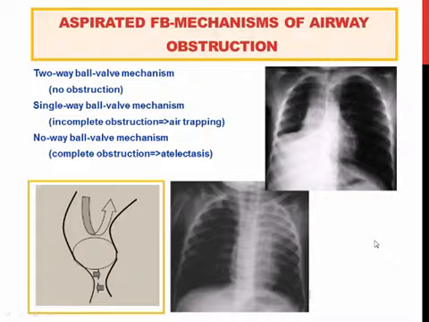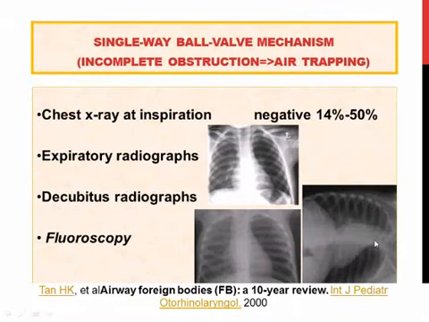while complete obstruction will cause atelectasis peripherally, left upper lobe, right lower lobe atelectasis. You should not be accused of missing an aspirated foreign body on an inspiratory radiograph, because these can be negative in up to 50% of cases.